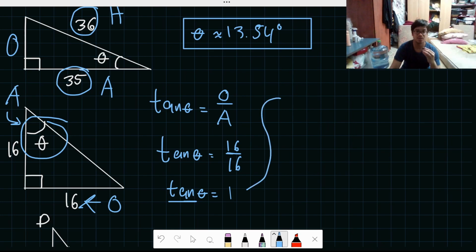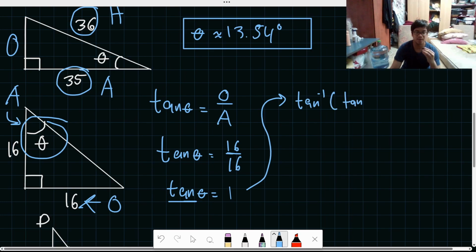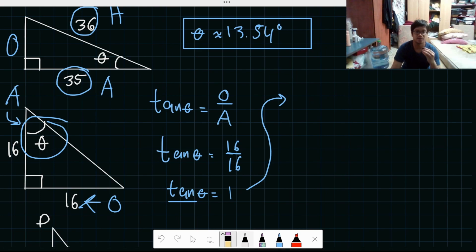Sorry, I'm making it complicated. Basically, since we used tangent theta, we're going to use inverse tangent. So just put the tangent here and leave the theta alone.